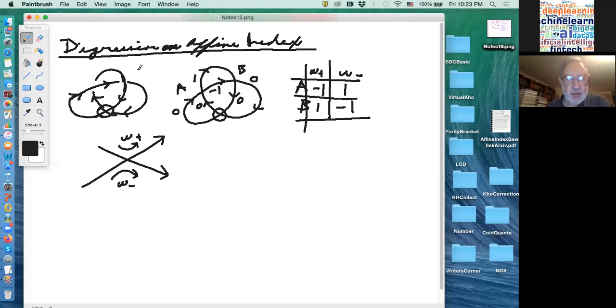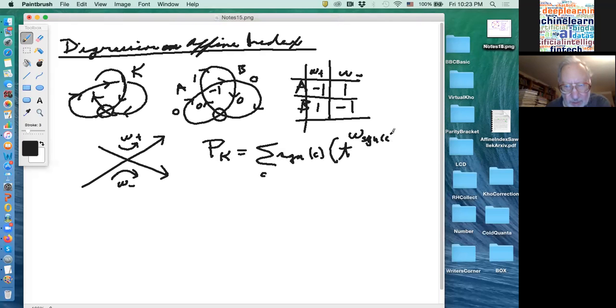So this guy is all plus, and the polynomial is by definition the sum over the crossings, the sign of the crossing multiplied by t to the w sub sign of crossing minus 1. So you take a w plus if it's a plus crossing and the w minus if it's a minus crossing, right?